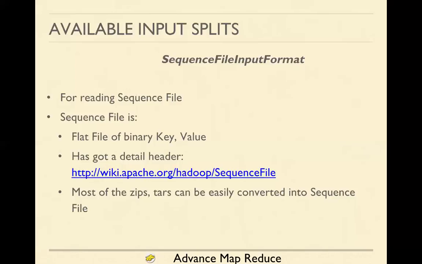Generally we will combine all these files together into a sequence file format, save it in HDFS, and then use sequence file input format while using our MapReduce engine.